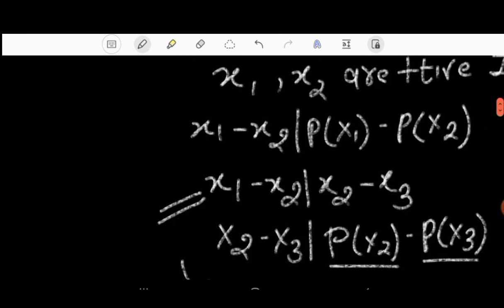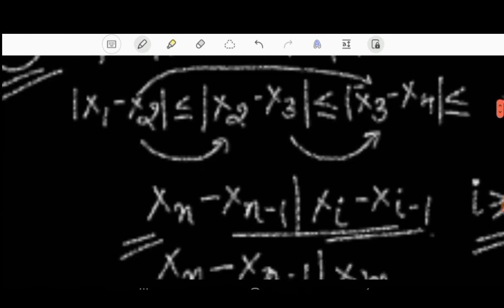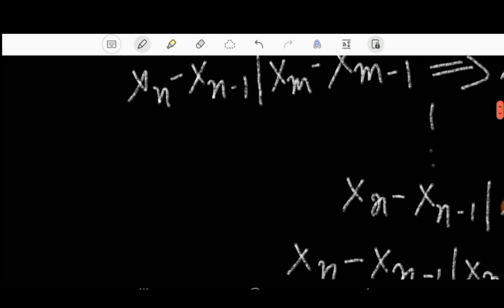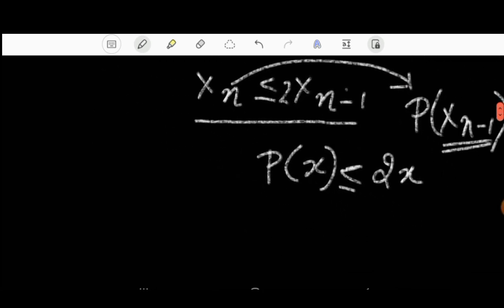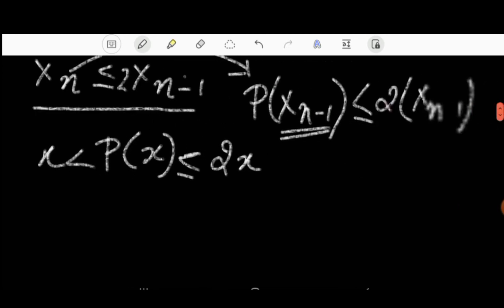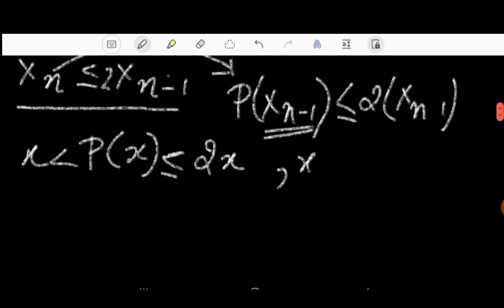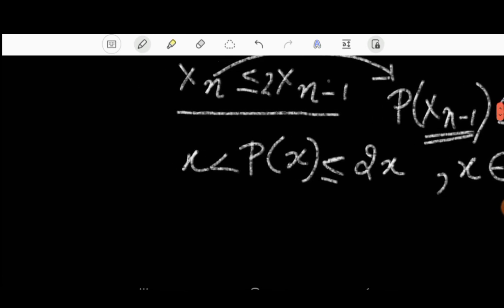And certainly we'll use this to make an inequality, and we can say that this is greater than x. And now what we can say is x belongs to positive integers. So this is our inequality.